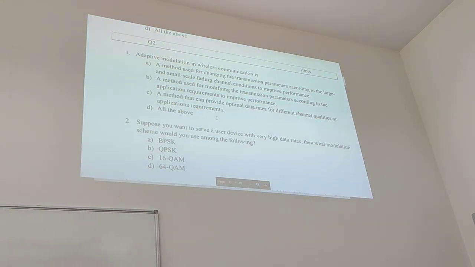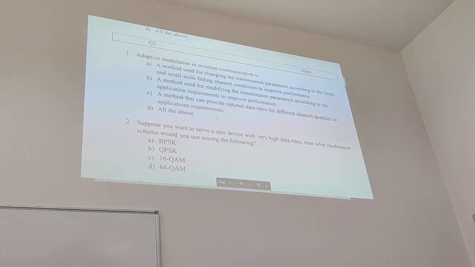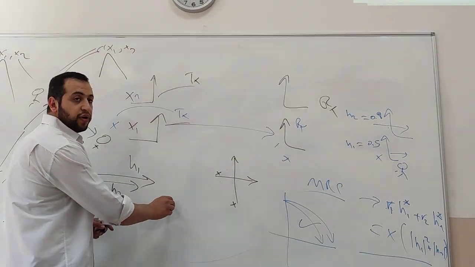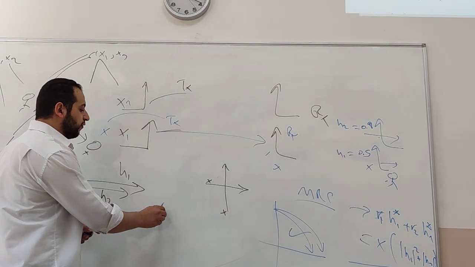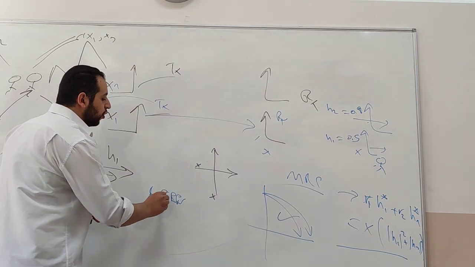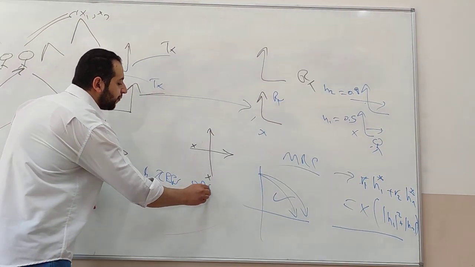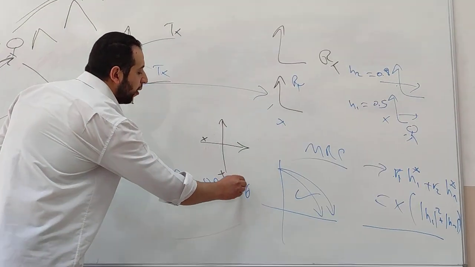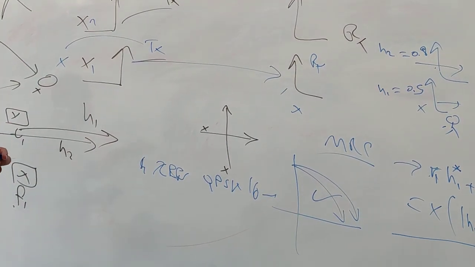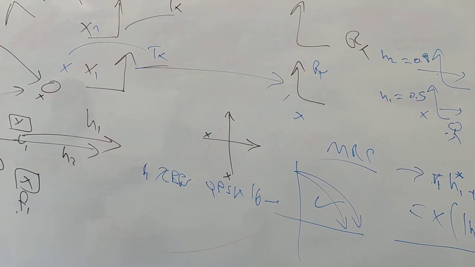D, all the above. So adaptive modulation is a technique or method where we change the modulation order, from binary PSK to QPSK to 16 QAM and so on and so forth, according to the requirements and conditions between the transmitter and receiver.